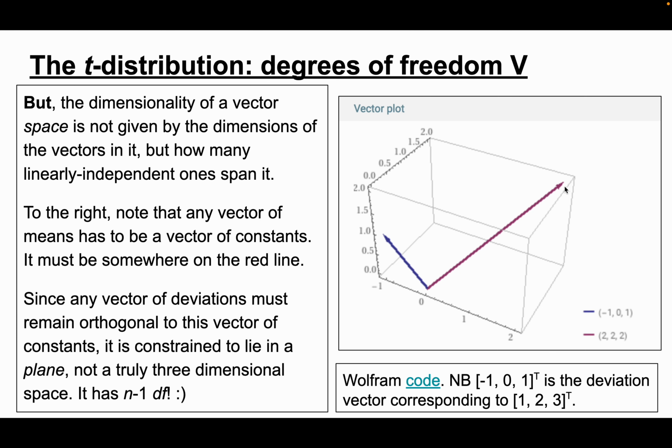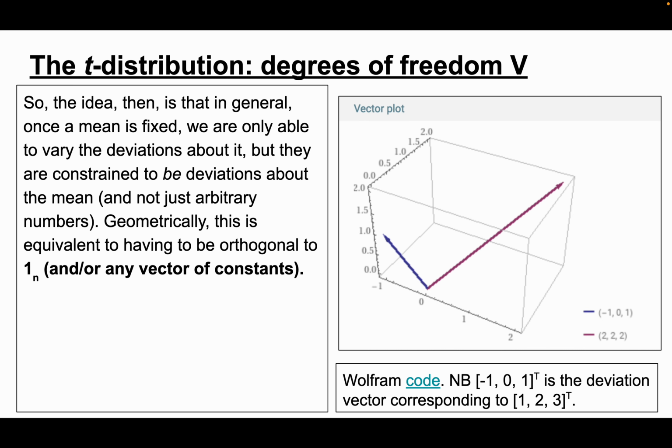Once we fix some value of the mean for a bunch of observations, that puts a constraint on the actual scores, like the deviations about them. And this is a little bit different from what we've been saying before with degrees of freedom, which is that once we know the mean and the value of 5 subjects, or 4 to use my previous example, then we know the value of the 5th subject.